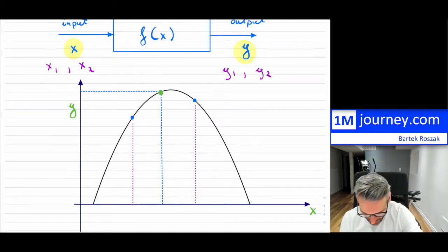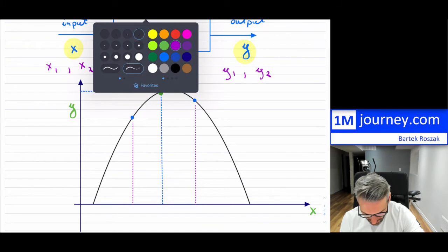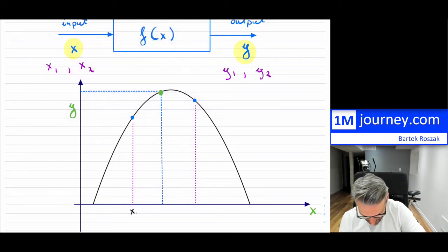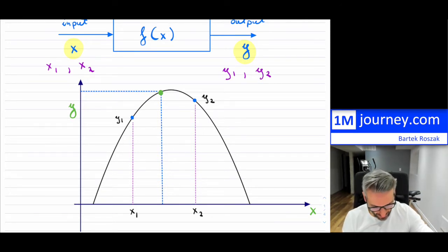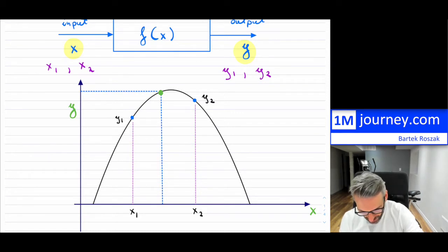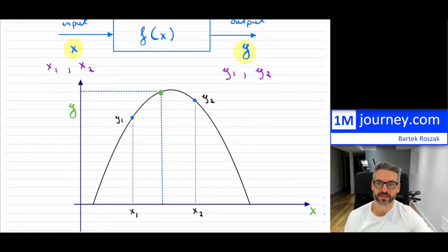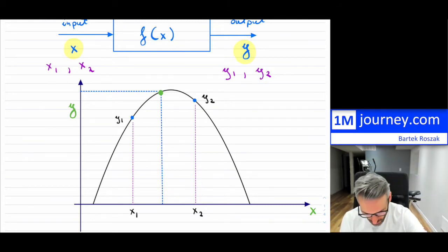So this would have been x1, this is x2, and if I go in this direction, this would have been y1 and y2. Now we can create what we call a secant, which is the connection on a graph between two particular points.